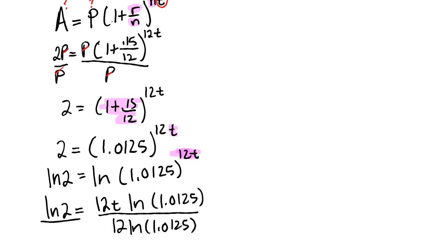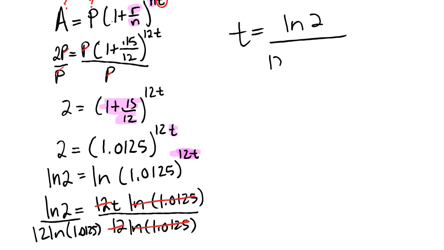Do the same thing on the other side. So that cancels the 12 out, and I have t equals natural log 2 over 12 times natural log of 1.0125. Let's put that in the calculator.